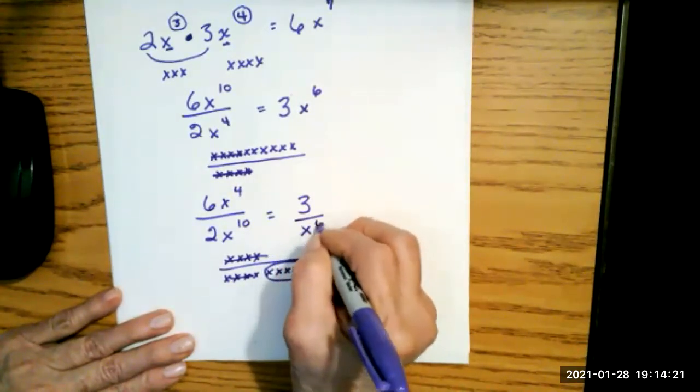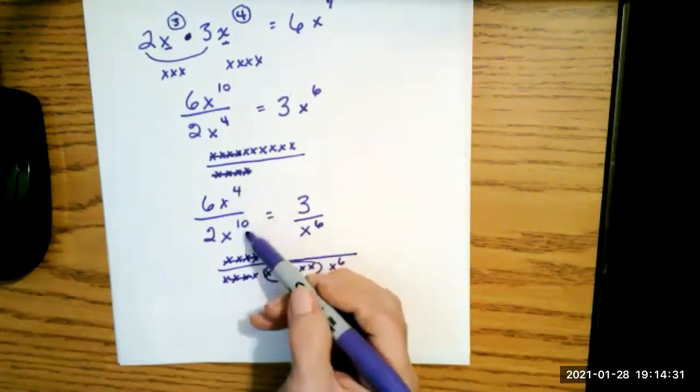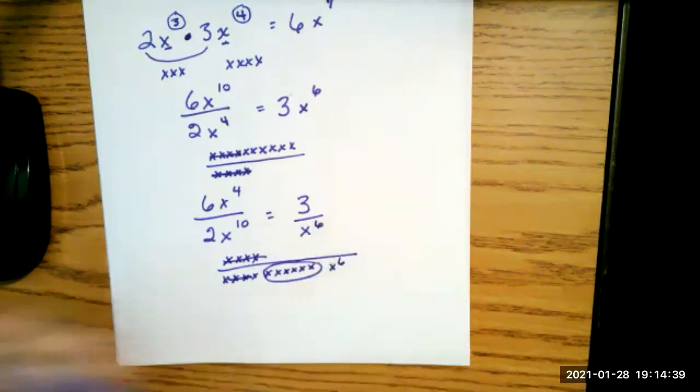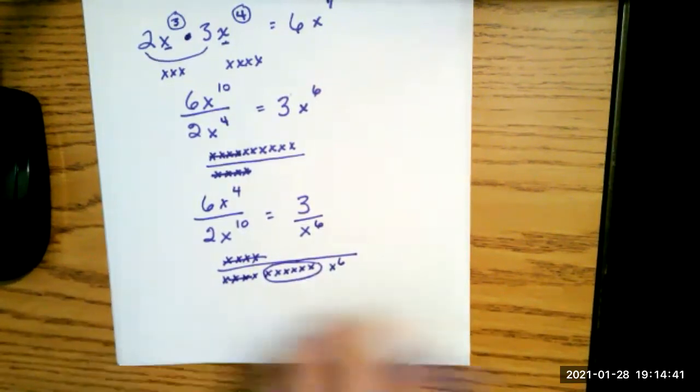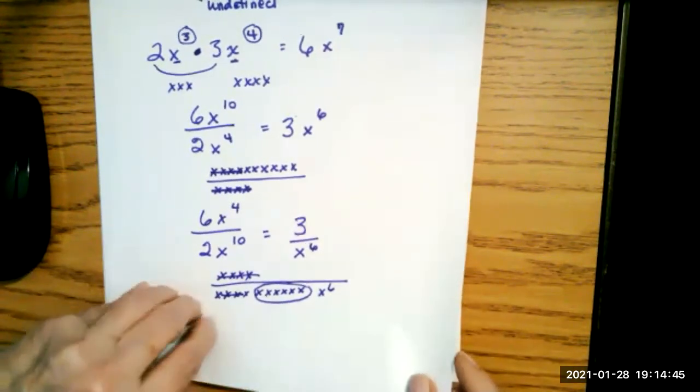So to stay away from negative exponents, flip it and put the value of your x in the bottom with your positive exponent. And you can see if you subtracted 4 of these from 10 of these, there would be 6 of them left, but there's more in the bottom than in the top, so it ends up being in the bottom. Okay? We'll do some more of those. We'll have a whole section of those to do a little bit later.